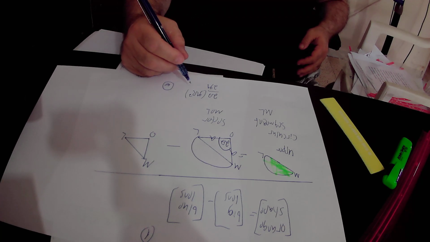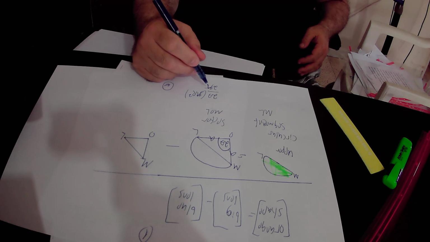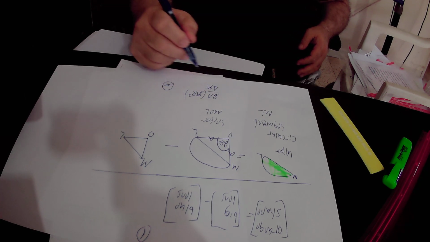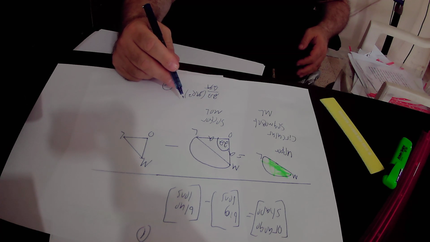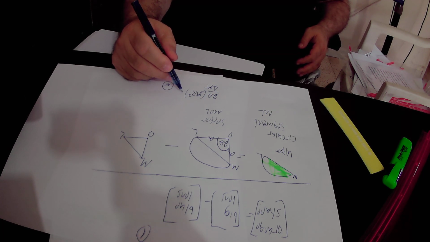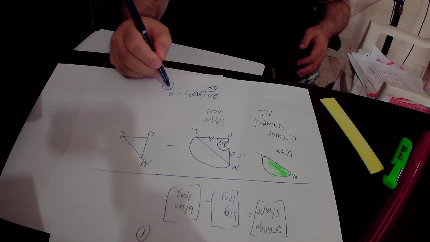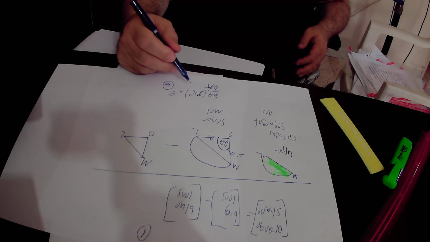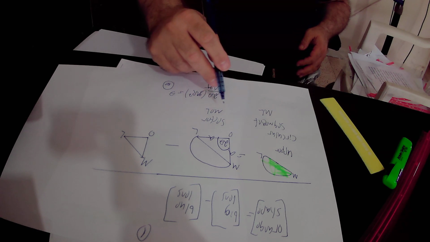So here we have pi in the numerator and pi in the denominator, so pi gets cancelled. We have 2 in the numerator and 2 in the denominator, so 2 also gets cancelled. So in conclusion, the area of sector MOL equals theta times r squared, where r equals a is the radius of this circle.